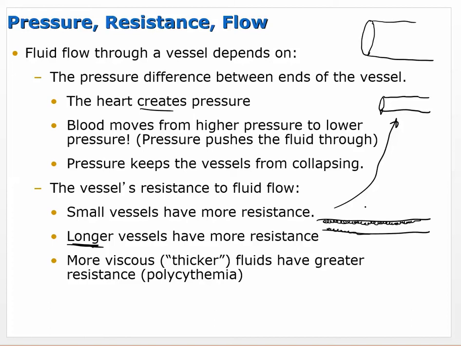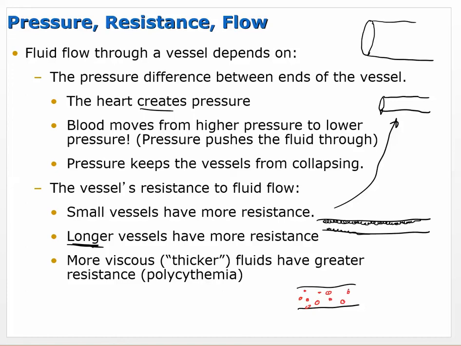And so the longer that goes on, the more your pressure is going to decrease because that's just kind of an increase in resistance. Then the more viscous, or thicker, so when we talk about viscosity, something that's very viscous is very thick. So if we have a whole lot more red blood cells in our vessels, then it's going to be thicker.